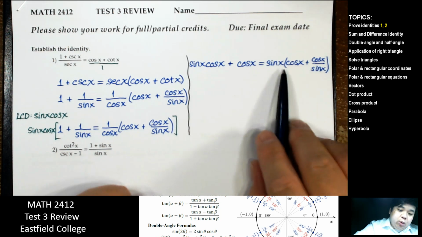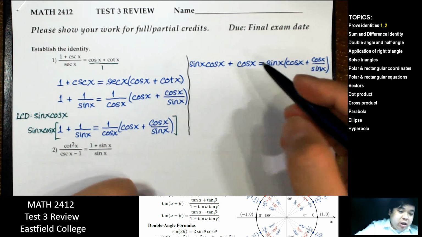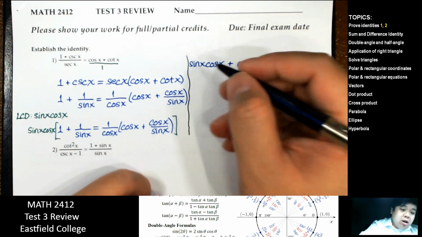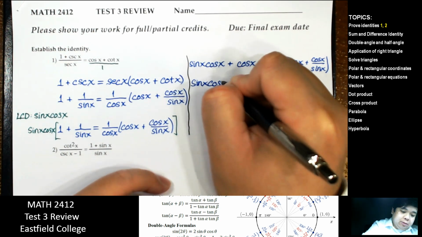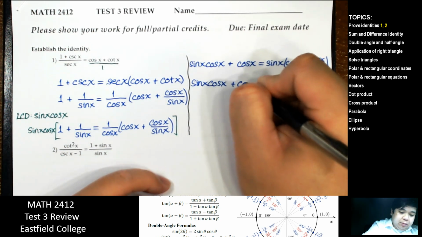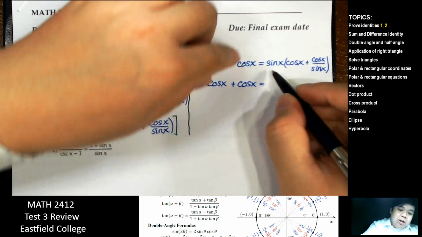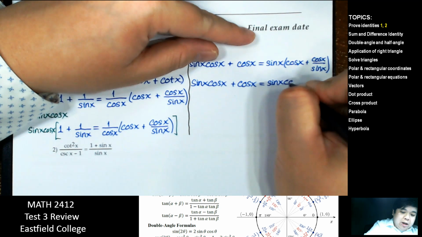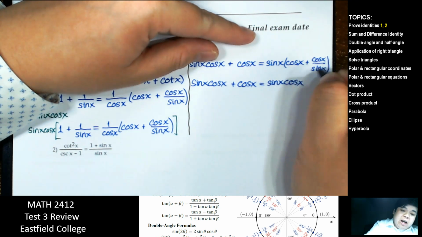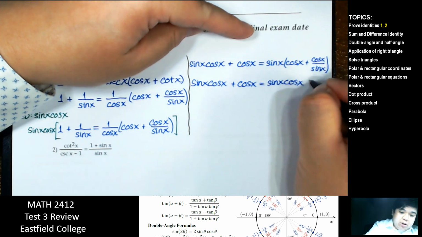Next, we will multiply it out because nothing can be done on the left side. So multiply it out, we have sine x cosine x, and sine x cancel out, plus cosine x.